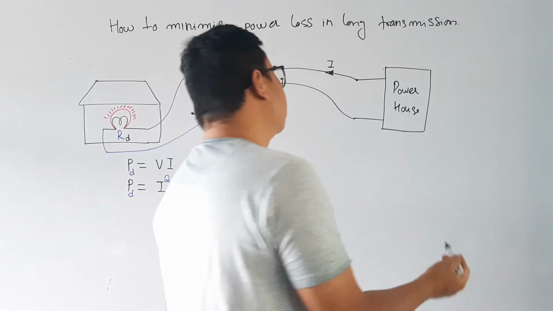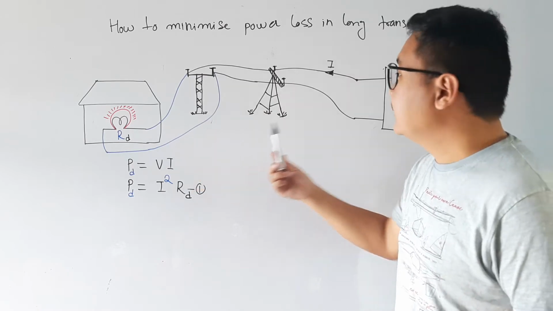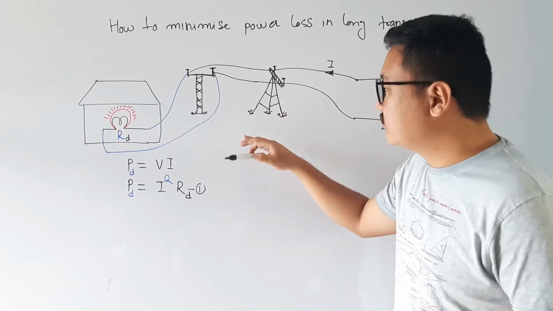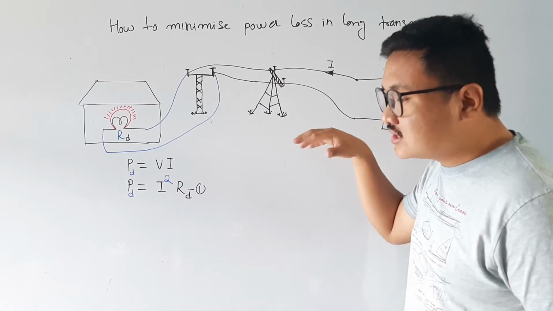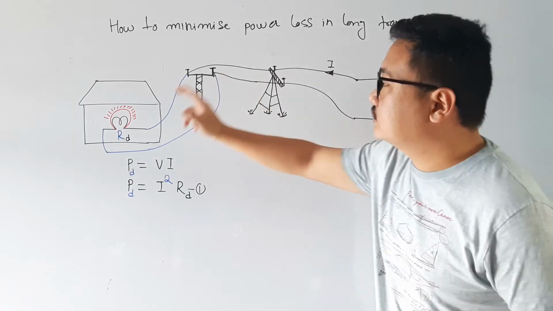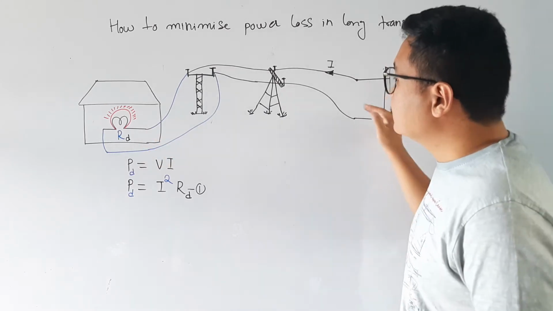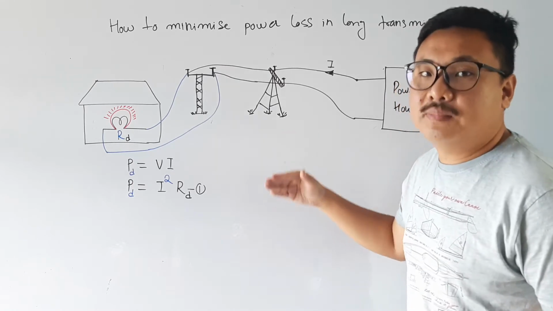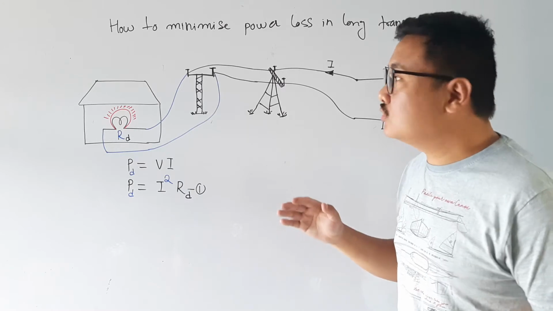Whenever we bring the current from the powerhouse to our houses, it has to travel through a big, very long wire, in which the charges have to perform work to travel from the powerhouse to our houses. Whenever the charges do work, they lose power, which we do not want to have.